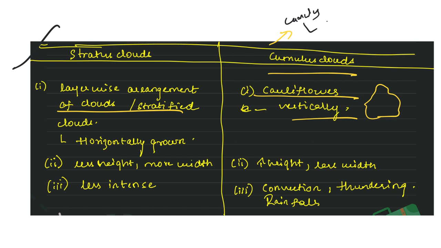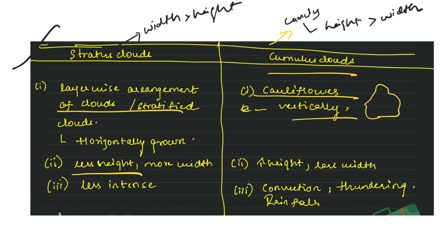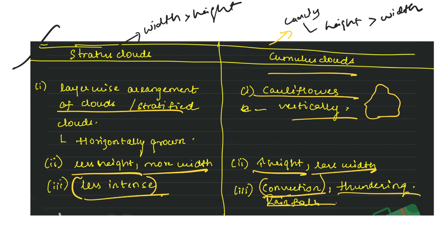So cumulus clouds have more height than width, whereas for stratus clouds width will be higher than height. Okay, so this is the second point, less height more width. Here, very high height and less width. So stratus clouds are less intense, so these are not rain bearing, so they will not give us heavy rainfall or precipitation, whereas cumulus clouds involve convection. So during the presence of cumulus clouds convection happens, so it gives us thundering and rainfall, right?